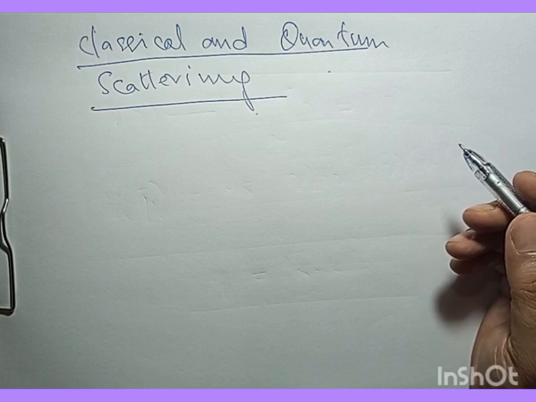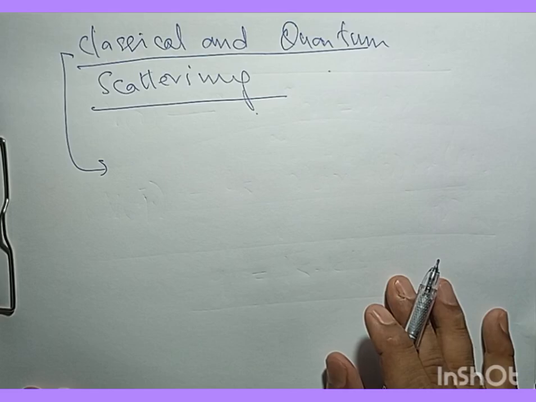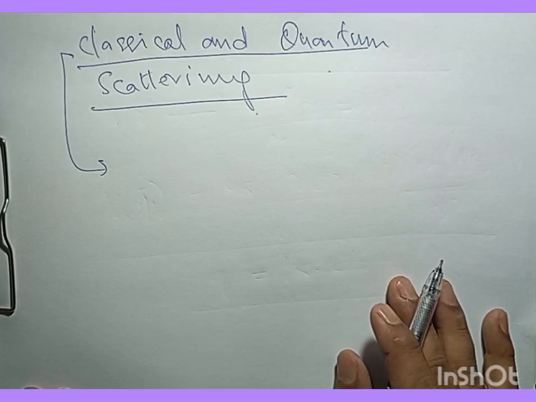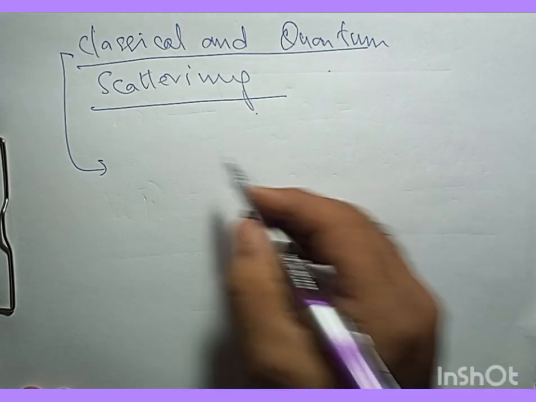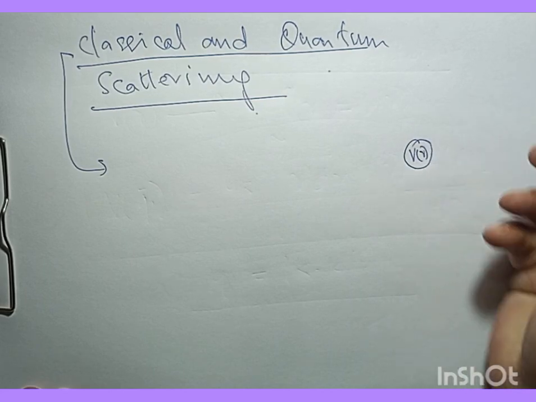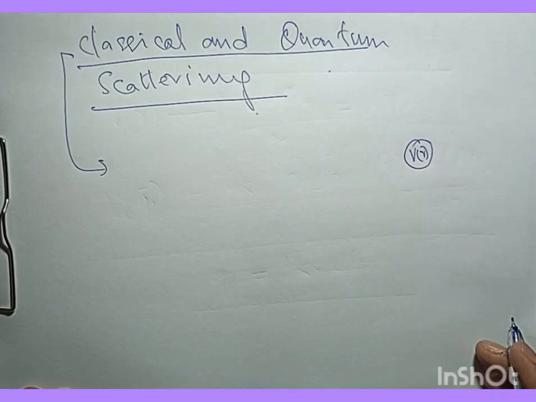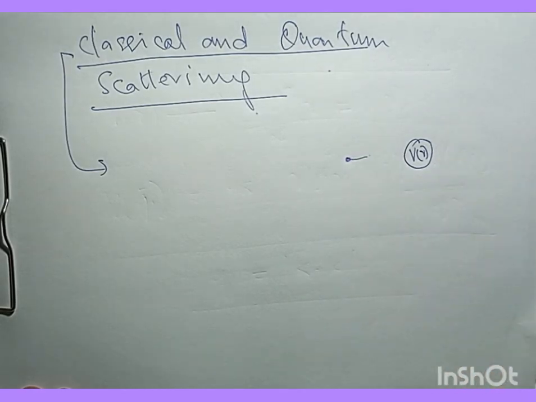Now, if I go with the basic setup of classical scattering, what we do is we analyze the motion of the particle under the influence of some central potential, V of r. So we have some potential V of r, and we analyze the motion of the particle that's interacting with this potential.